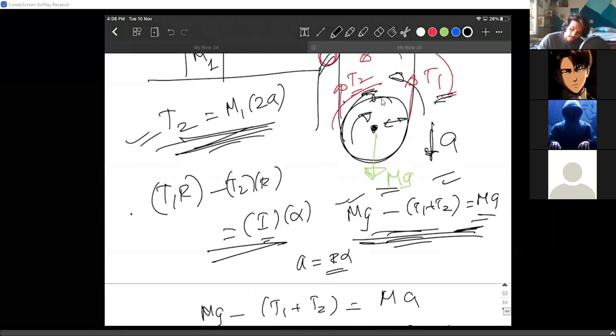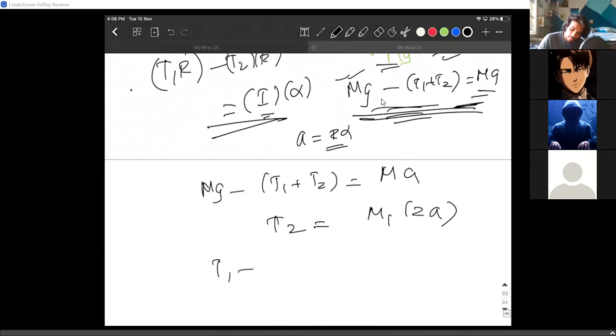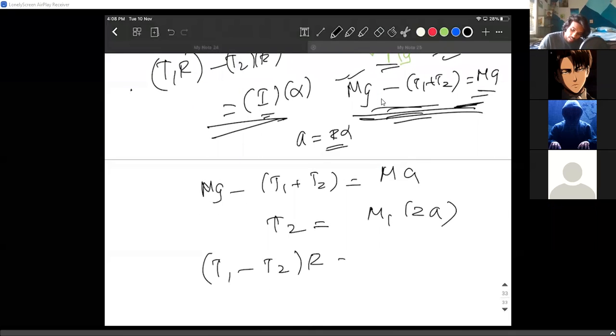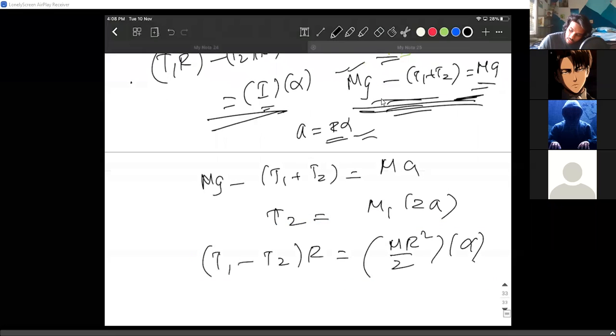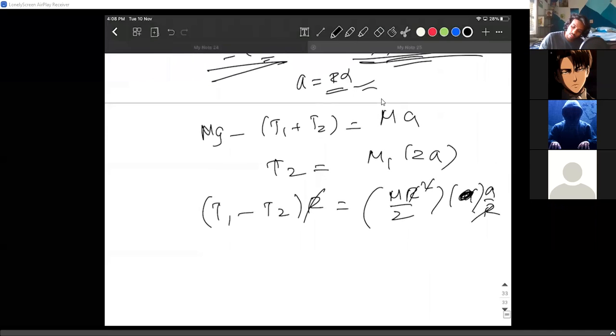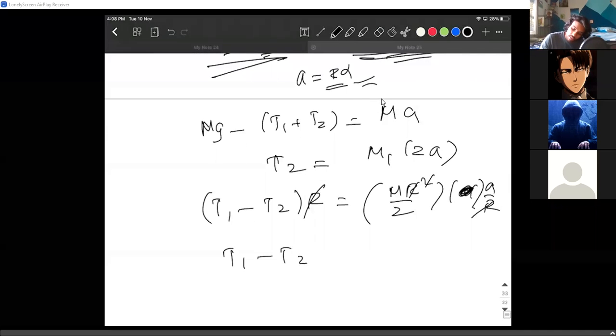I'm going to write T1 minus T2 into R equals MR square by 2 into alpha, and also A equals R alpha. So I'm just removing this alpha and writing A by R. R cancels, R cancels. The equation simply becomes T1 minus T2 equals MA by 2.